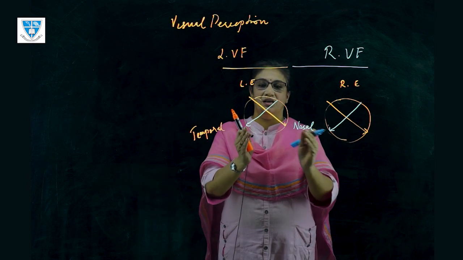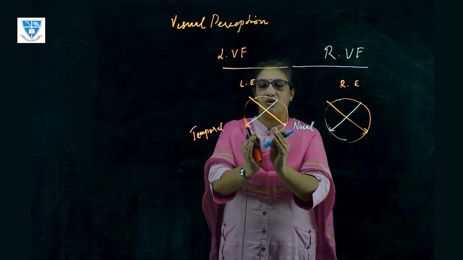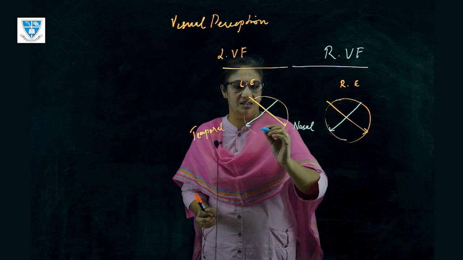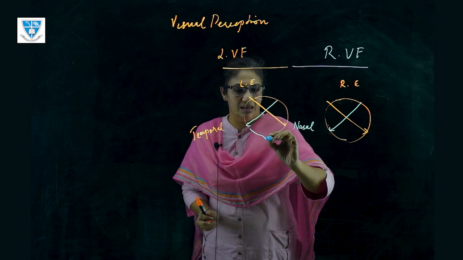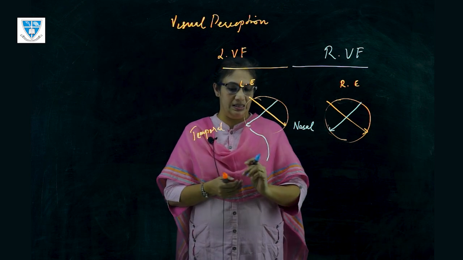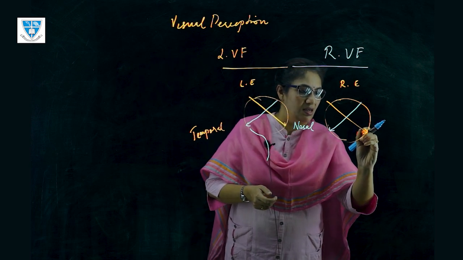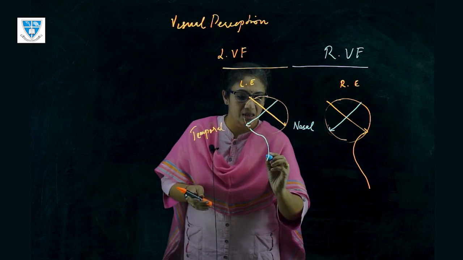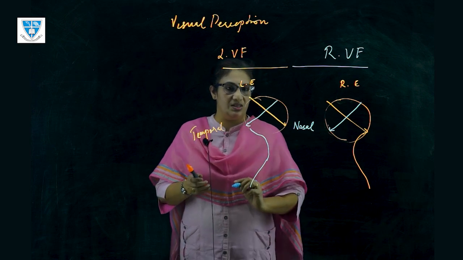Now from here, the optic nerves gather the information together. Whatever is in the temporal region leaves the retina and moves on to the ipsilateral hemisphere, the same side.